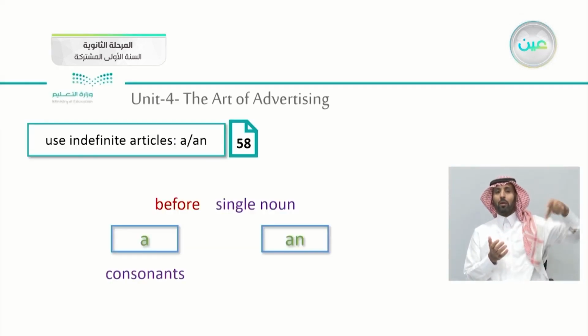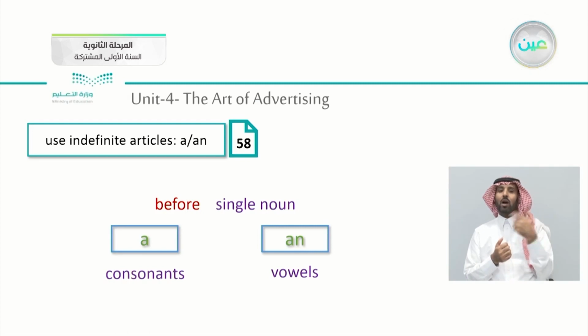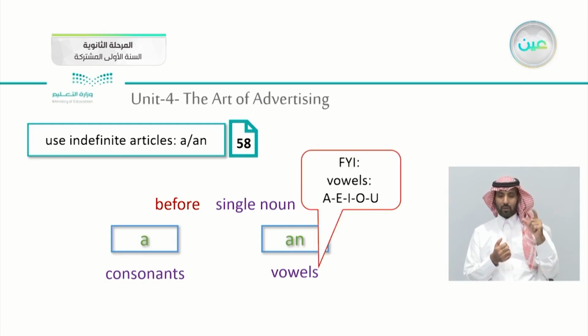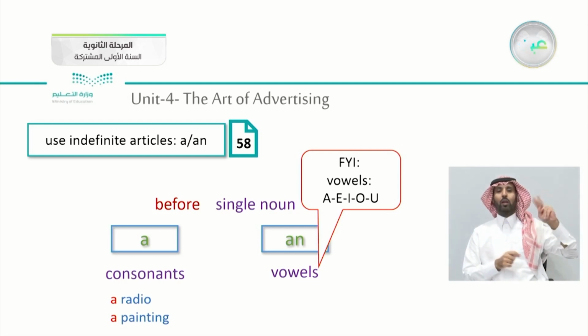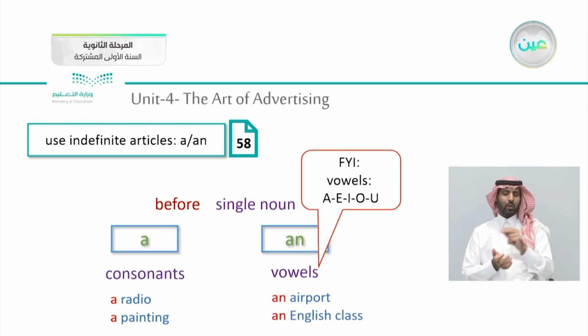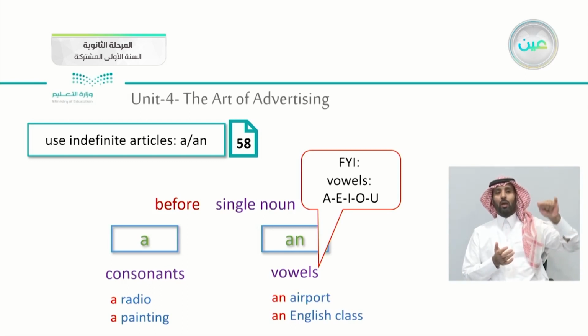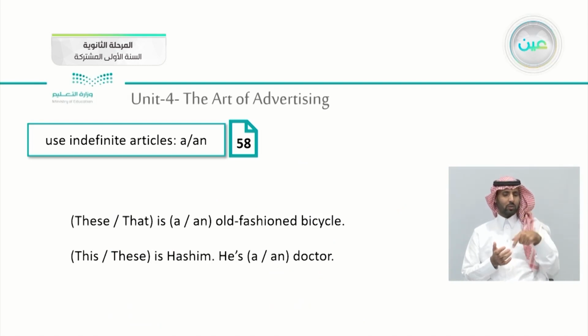However, the a is used with the consonants, however the an is used with the vowels. What are the vowels? They are the sounds a, e, i, o, and u. So we can say a radio, a painting, or an airport, an English class. Okay, these are the indefinite articles. Let's try to use them here.